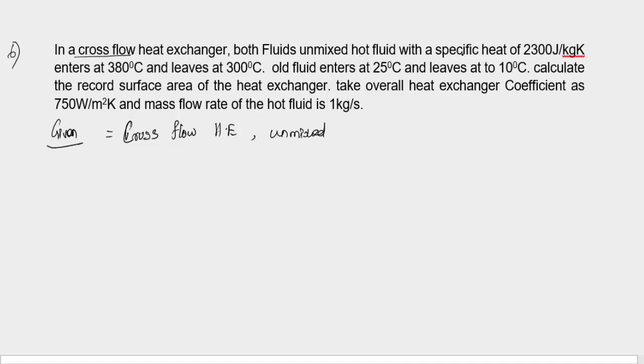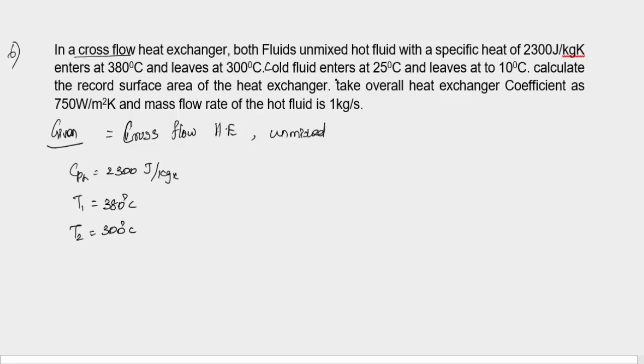Hot fluid with a specific heat of 2300 joule per kilogram Kelvin. So first, CpH equals 2300 joule per kilogram Kelvin, and it enters at 380 degrees Celsius and leaves at 300 degrees Celsius. So T1 equals 380 degrees Celsius, T2 equals 300 degrees Celsius.